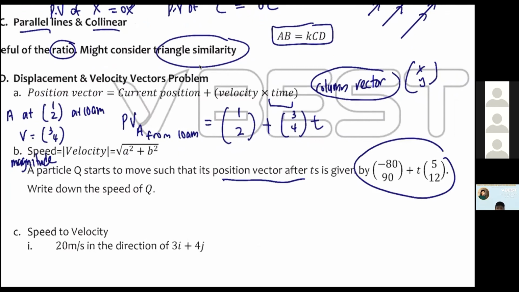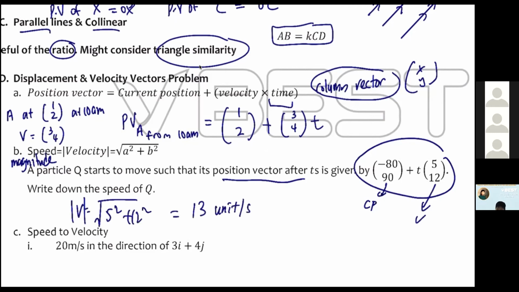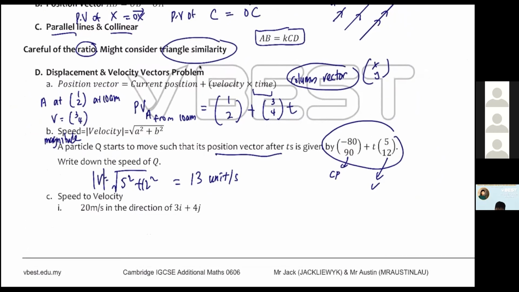So what is my speed? Where is my velocity? Here, this is my v, this is my current position. So my speed will be square root 5 squared plus 12 squared, which is 13. It depends on the unit: it can be units per second, units per hour, depending on the question.